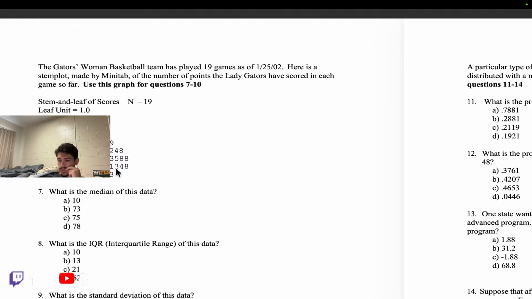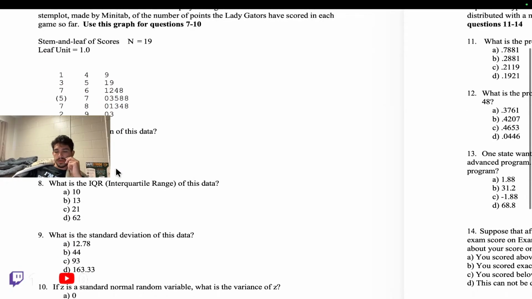We do 83 minus 62, is 21. So 21 is going to be our IQR, which is C.